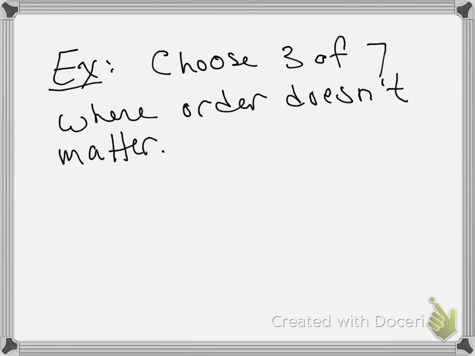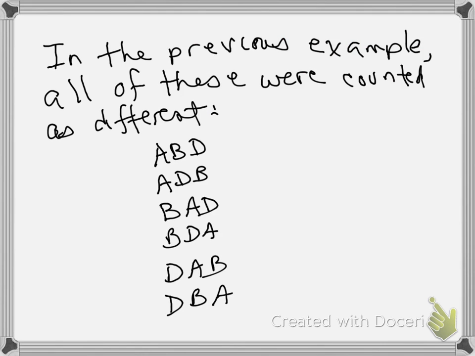Now let's repeat the problem where we're choosing 3 out of 7, but in this case the order doesn't matter. Now we should note that in the previous example, all of these use the same letters, A, B, and D, but they're all in different orders.